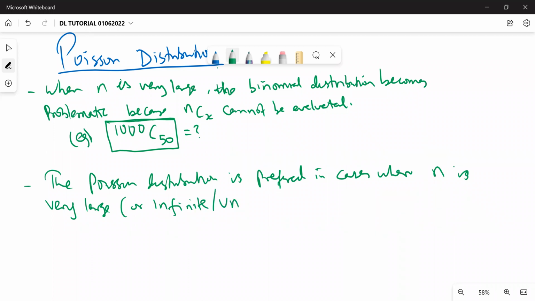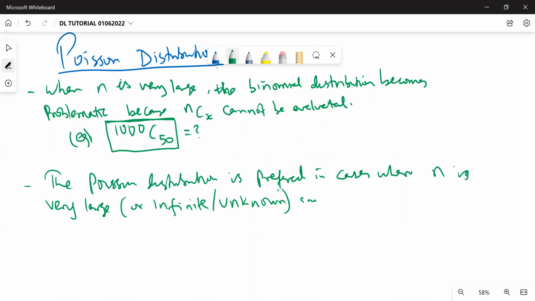You can even say unknown. So if n is very large, or it is infinite, or it is unknown, that's one scenario when you can use the Poisson distribution.